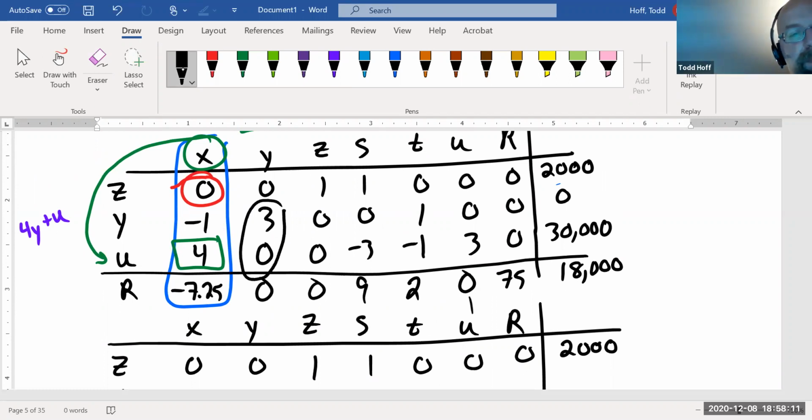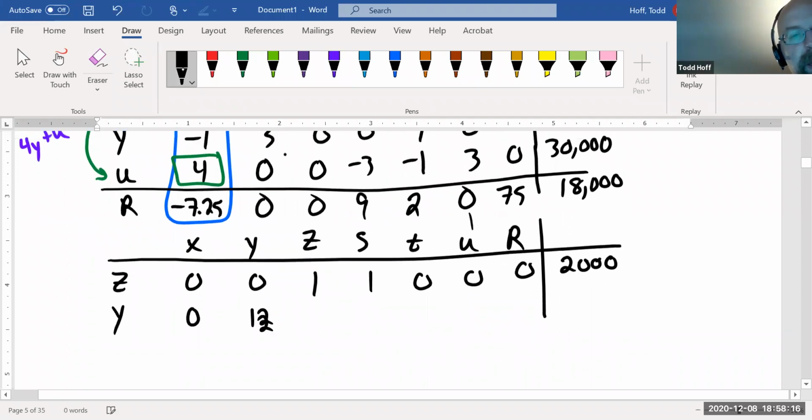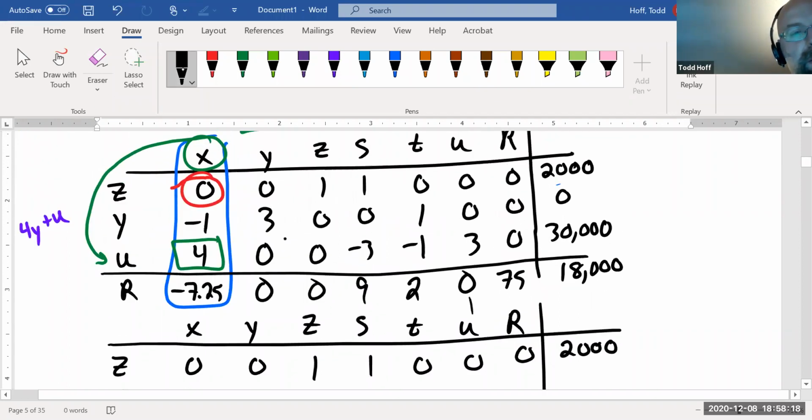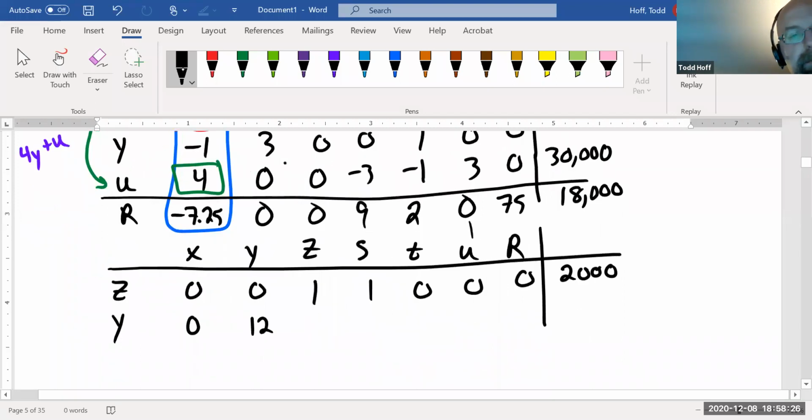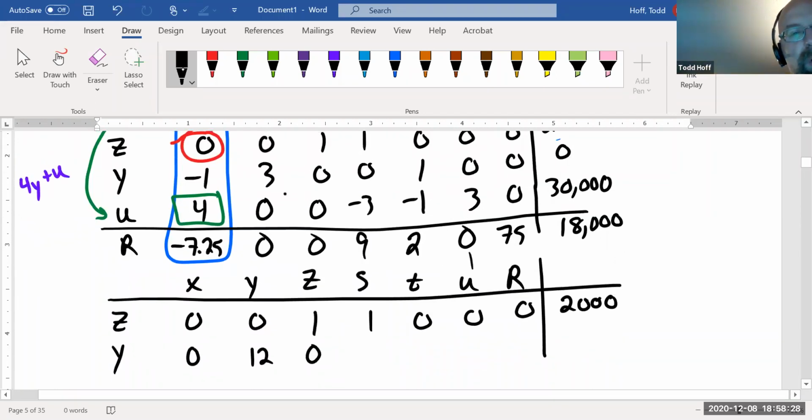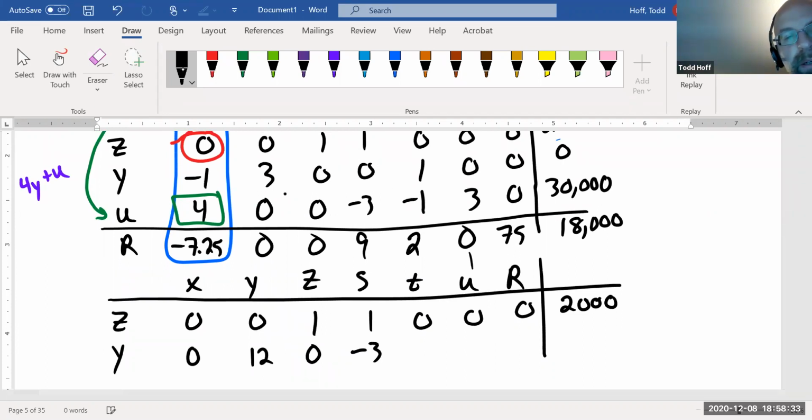4 times 3 is 12, plus 0 is just going to be 12. Four times 0 plus 0 is still 0. Four times 0 plus -3 is going to be just -3. 4 times 1 is 4, plus -1 is 3. 4 times 0 is 0, plus 3 is 3. 4 times 0 plus 0 is still 0.